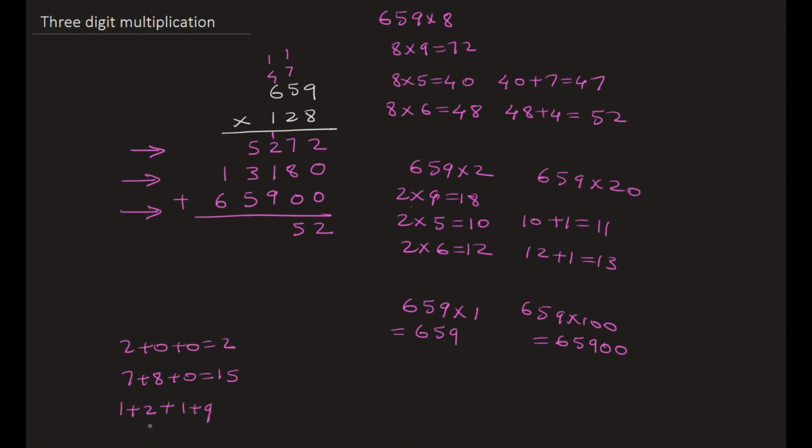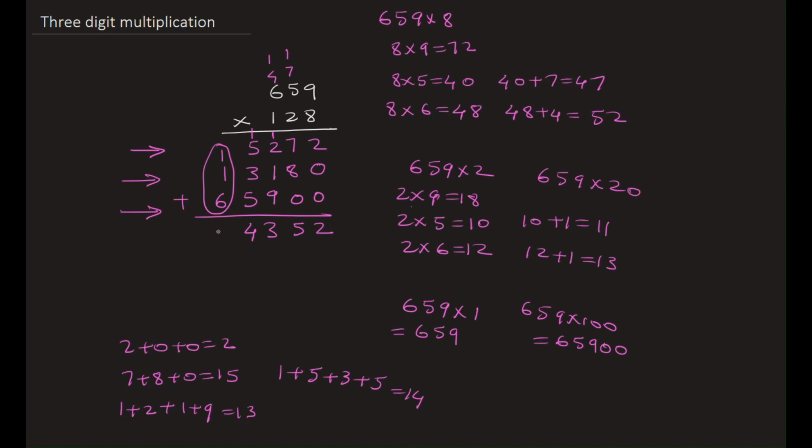It equals 13. So 3 comes here in the hundreds place and 1 is carried over. Then in the thousands place, I have 1 plus 5 plus 3 plus 5, which equals 14. So 4 comes in the thousands place and 1 is carried over to the 10,000s place.